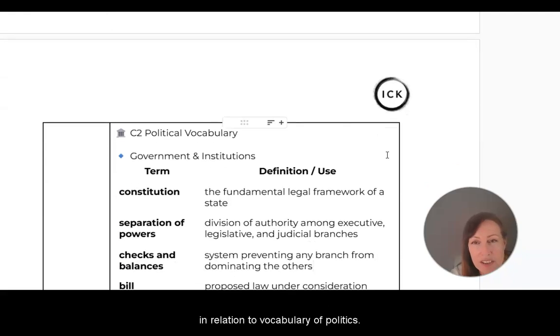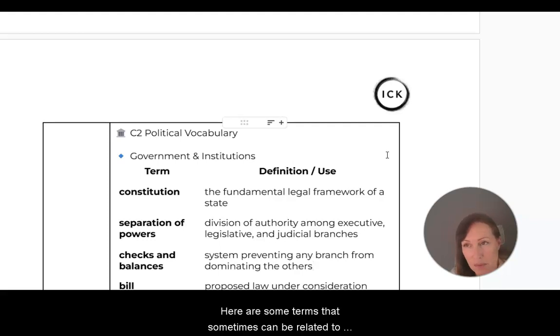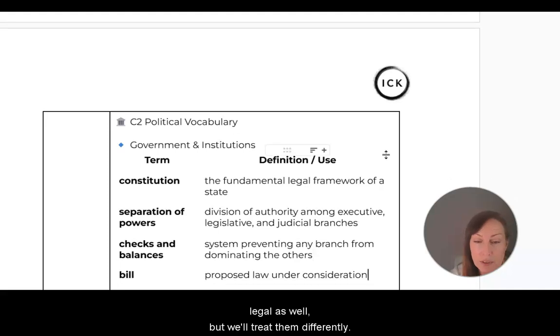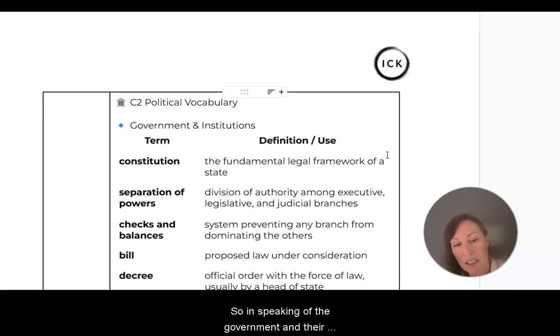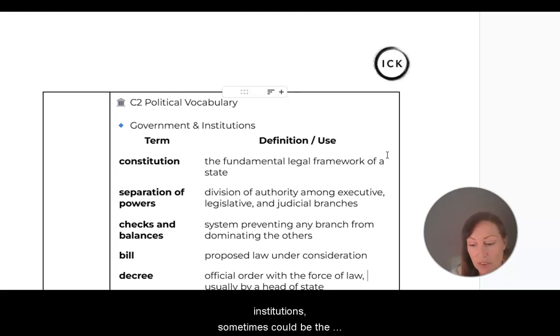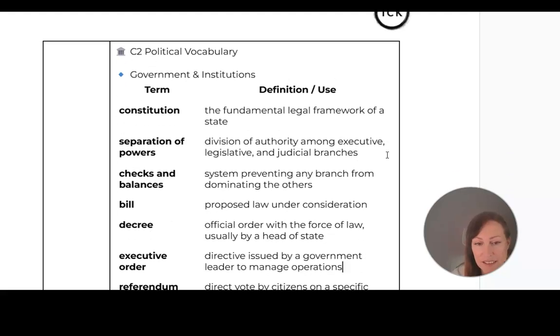In relation to vocabulary of politics, here are some terms that sometimes can be related to legal as well, but we'll treat them differently. So in speaking of the government and their institutions, some terms could be the Constitution, separation of powers, you can check the meanings here, the checks and balances.